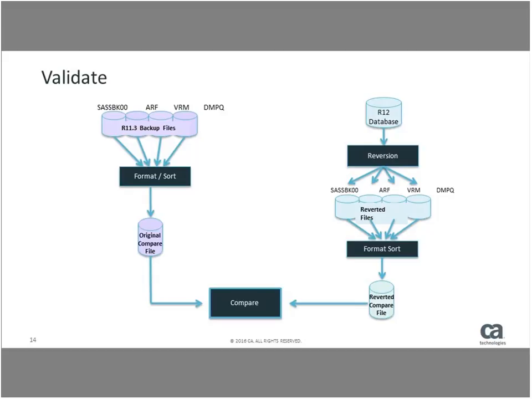It wasn't caught by any of the other processes before, but once we looked at that message and saw what it was, consulted with the client, letting them know what was not in R12 that was in 11.3, they were fine. They didn't even know that was out there. They didn't need it. They didn't use it. So we were able to tell them that when you bring up R12, you're going to have to reply to a WTOR, and we'll see that here in a bit.